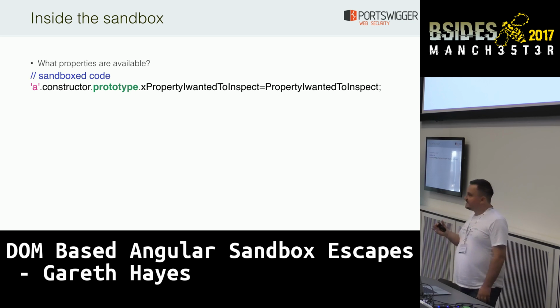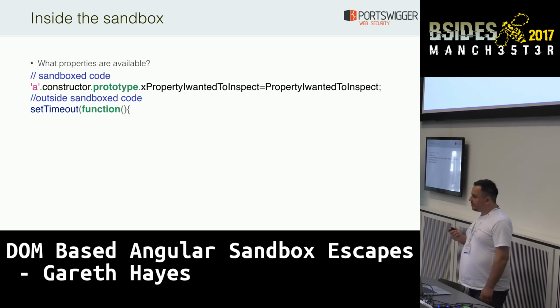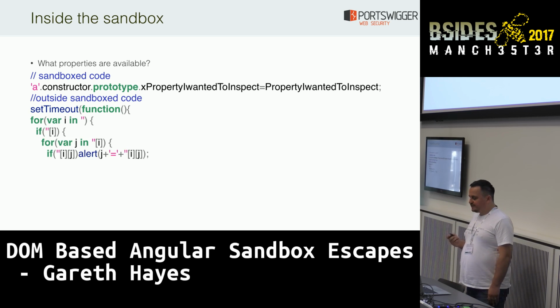So this is a way of getting data out of the sandbox environment into the normal JavaScript environment. Outside of sandbox code, I could then loop through this data and gather the information. So this would explain what functions are available. Is eval available, for example?